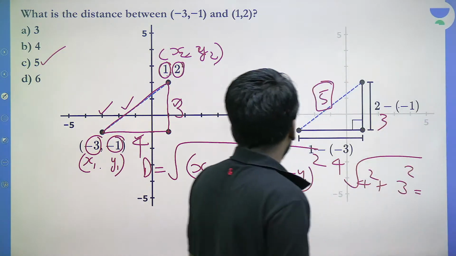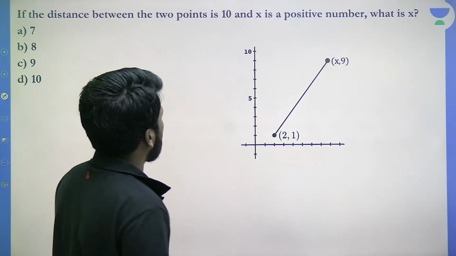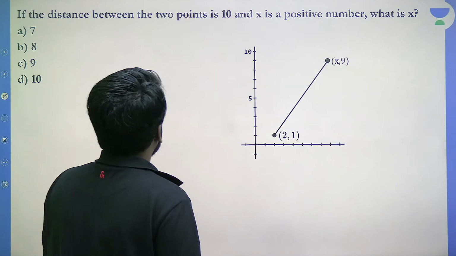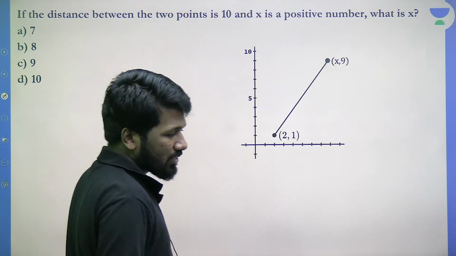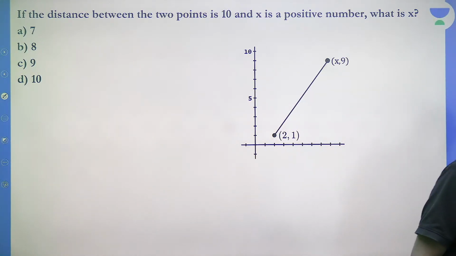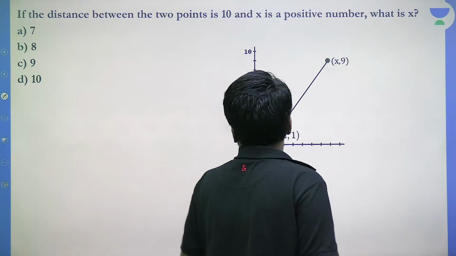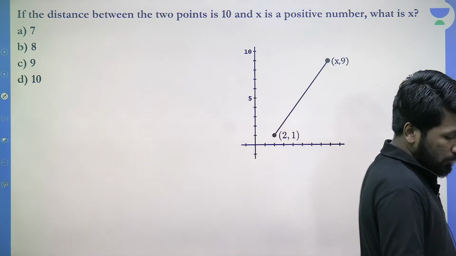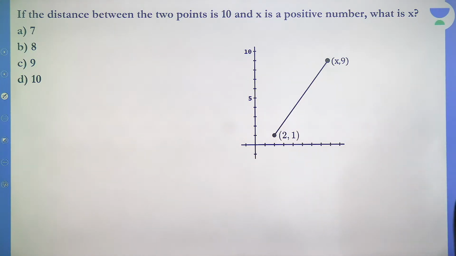So let's see more questions. When you see CSIR questions also, you can see that if you understand the idea properly, you can do most of the questions without the formula. Try this question. I'll show you 1 or 2 more examples. After that, I will show you a few CSIR NET questions.